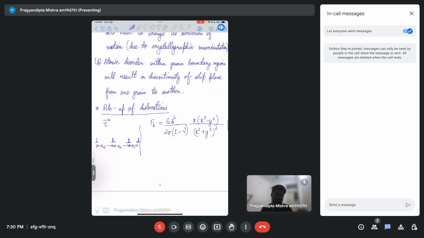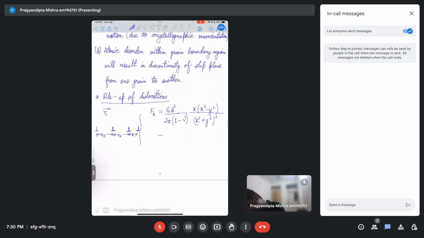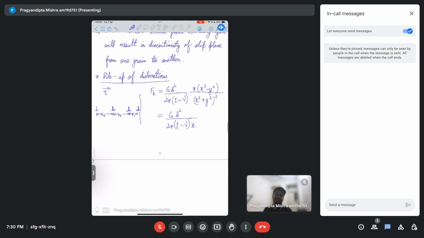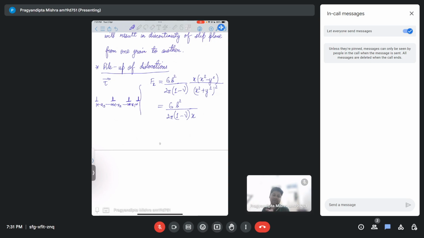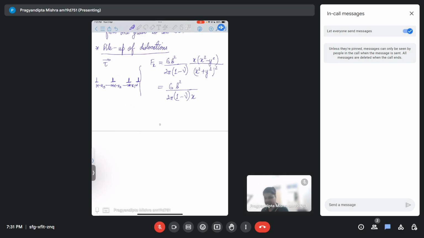Now if all of them have equal y, we can make y 0, so it becomes G b squared divided by 2 pi (1 minus nu) x. Right? So each dislocation in this pileup is in equilibrium due to the effect of the applied stress tau and the stress due to the repulsion between the dislocations in the pileup.